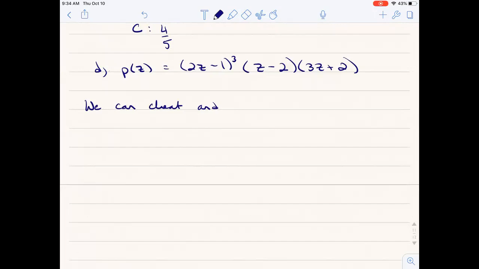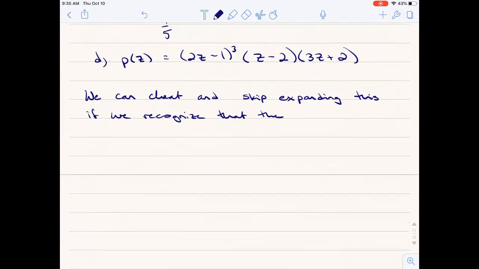So we can cheat and skip expanding this if we recognize that the leading term, because we're not asking about any other terms besides the constant, right?